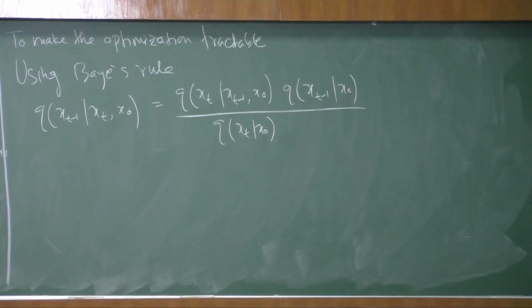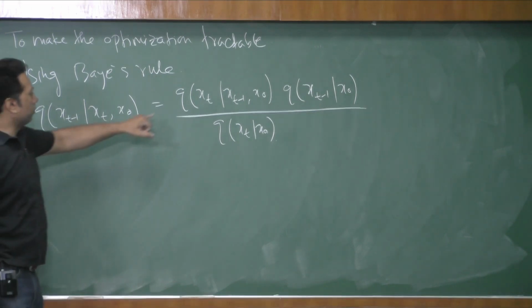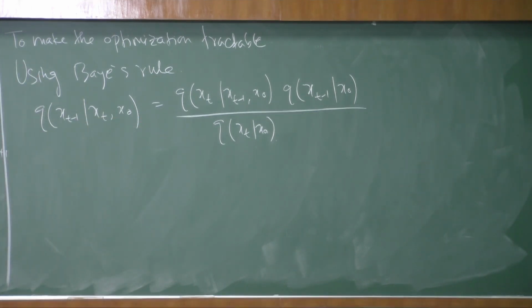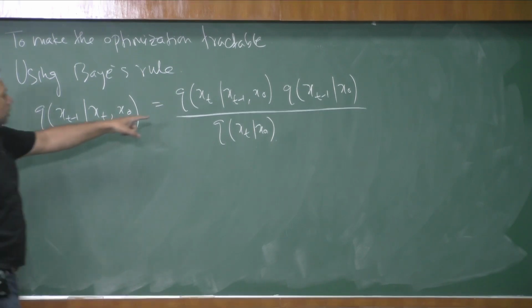From here, what are the things? Even after applying the Bayes rule, we look into the terms on the right hand side. Can we compute q(x_t | x_{t-1}, x_0), and similarly can we compute q(x_{t-1} | x_0) and q(x_t | x_0)? What we know for sure is that all are going in the forward way, which is a good thing, because here I'm looking for x_t given x_{t-1}.